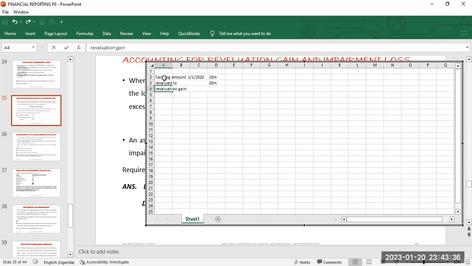And this revaluation gain is going to be the difference between the 20 million minus the 10 million, which will give us a difference of 10 million. Remember, this was revalued at the same date, which is 1st January 2020.